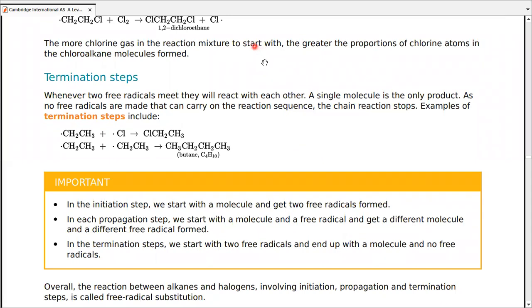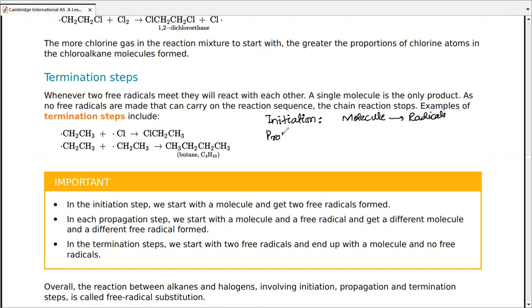So, termination step. Before I really start explaining the termination step, let me just give you a little bit of a summary. Now, if you look at it, the steps have a very good systematic sequence. The initiation: a molecule is converted into radicals. Usually one molecule is converted into two radicals.